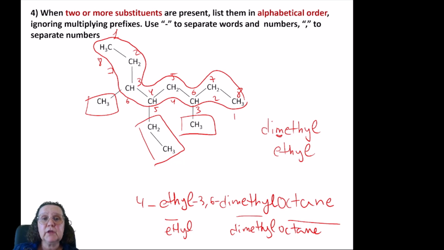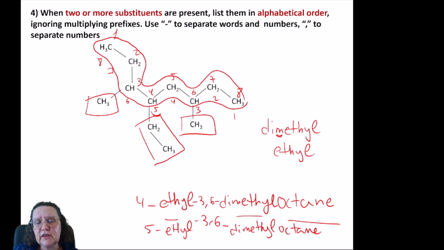Now the methyl groups are, again, in carbons 3 and 6. But the ethyl group has changed. Look, now the ethyl group would be in carbon 5.